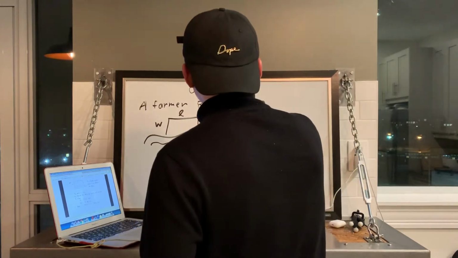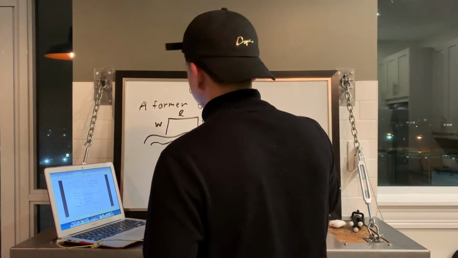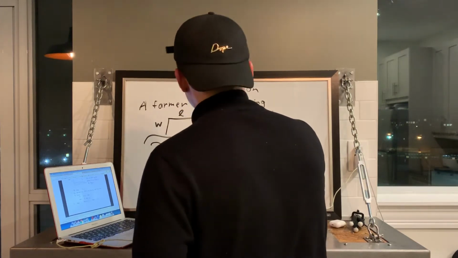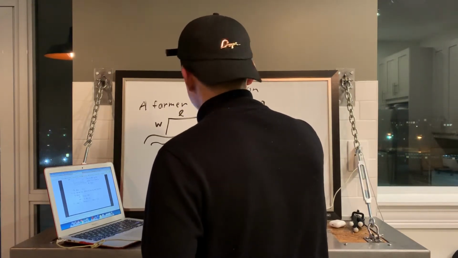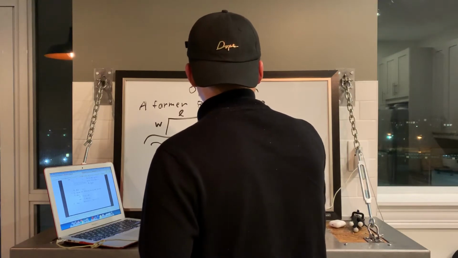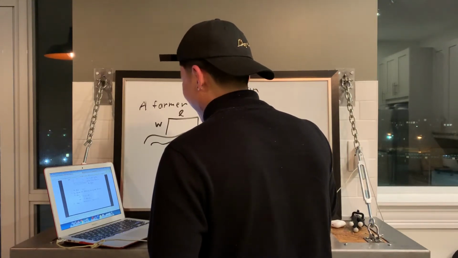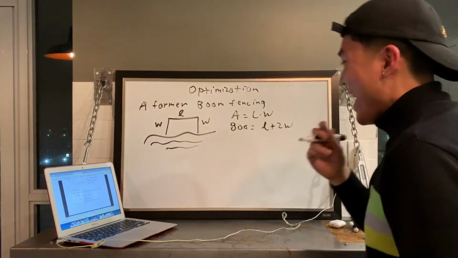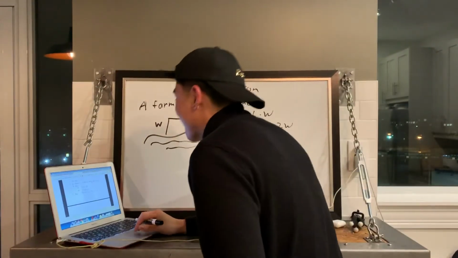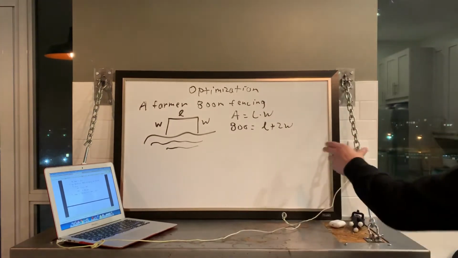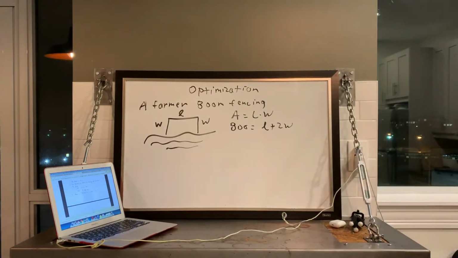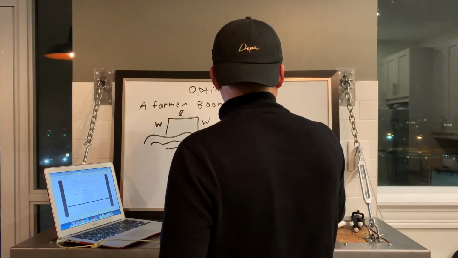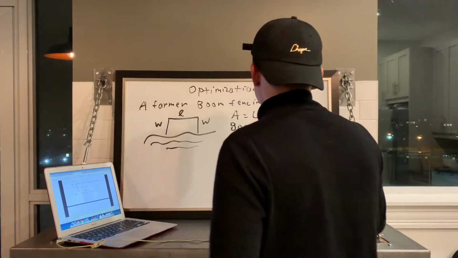We know that area equals length times width. And perimeter would be 800 equals length plus 2 width. What happens essentially is I could isolate for L, and how I do that is L equals 800 minus 2W.